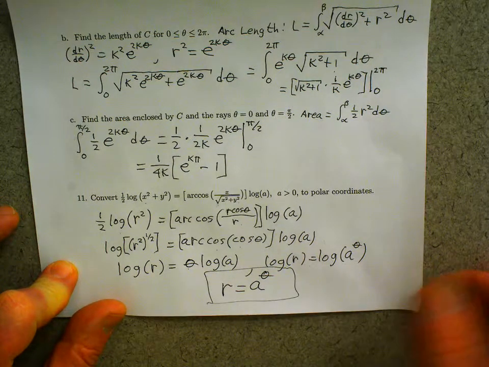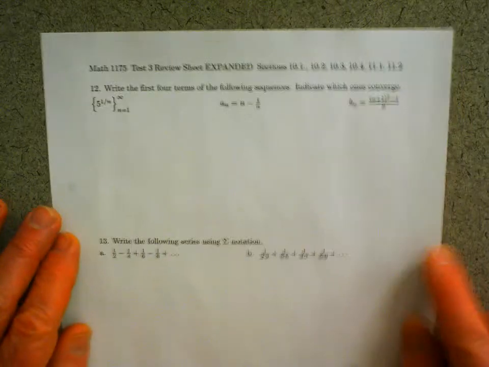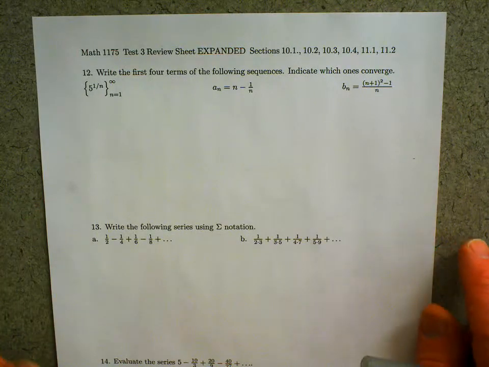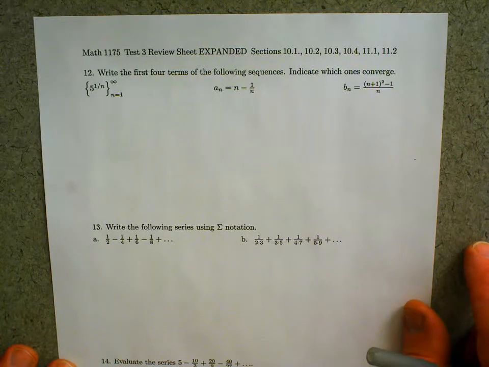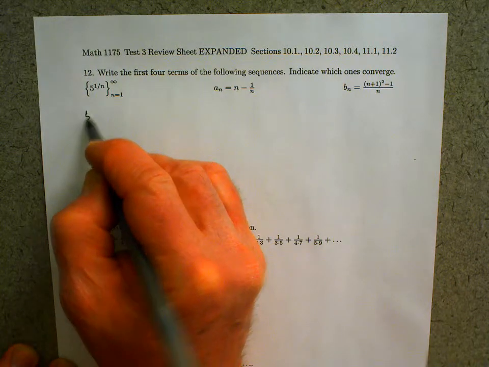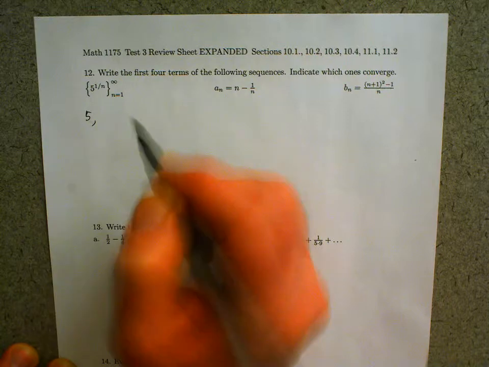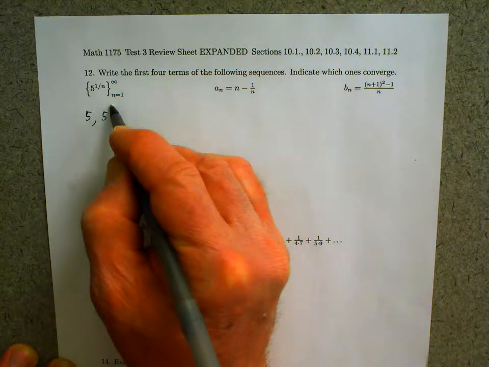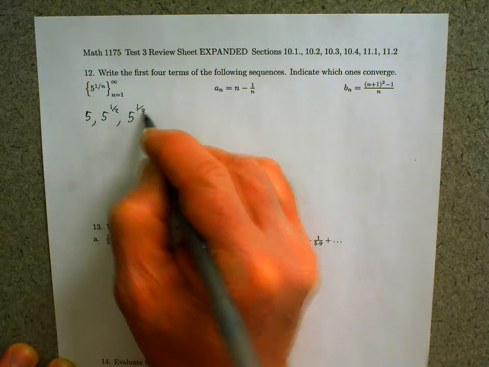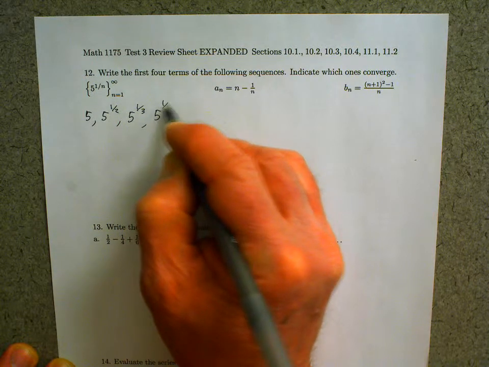Okay, let's move on to the next page. Write the first 4 terms of the following sequences and indicate which ones converge. When n is 1, we get 5 to the 1/1, or 5, then 5 to the 1/2, 5 to the 1/3, 5 to the 1/4, and so on.